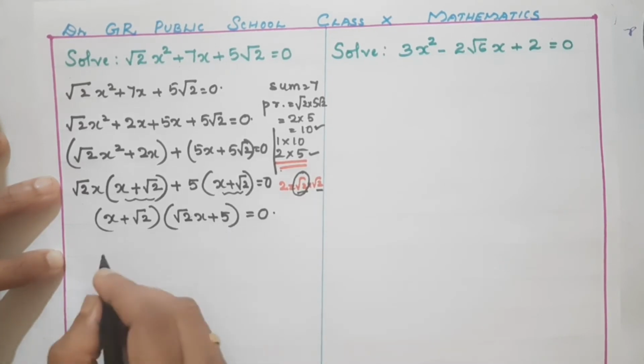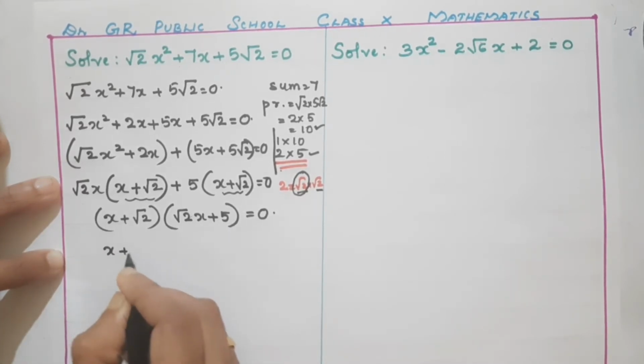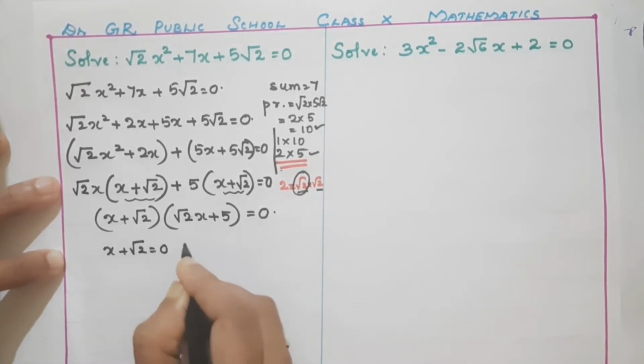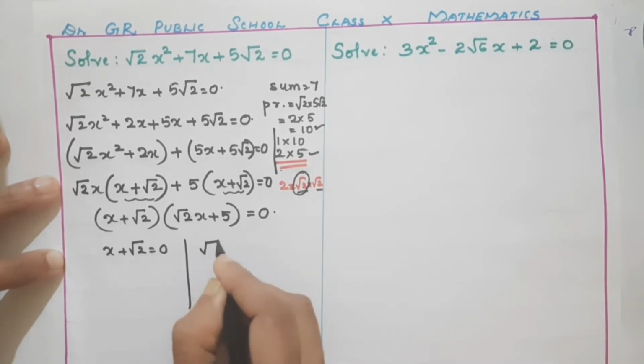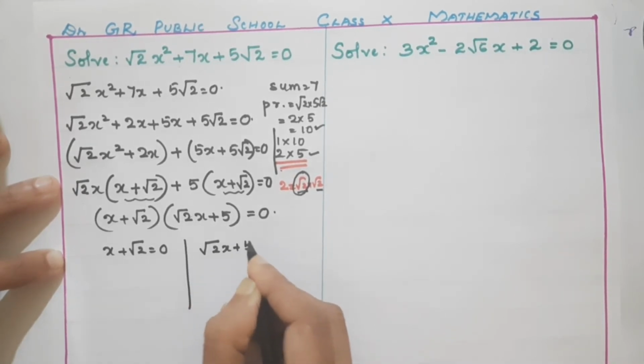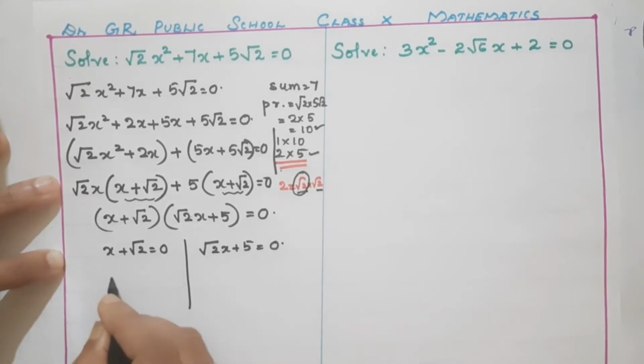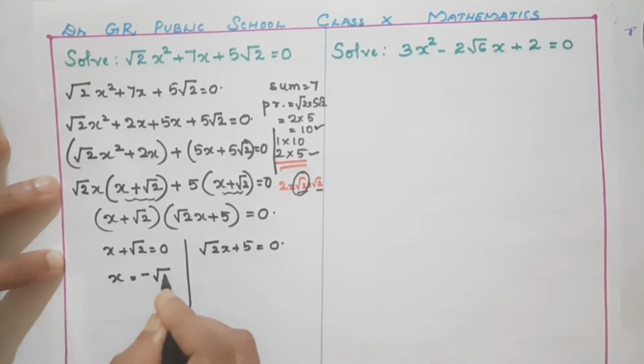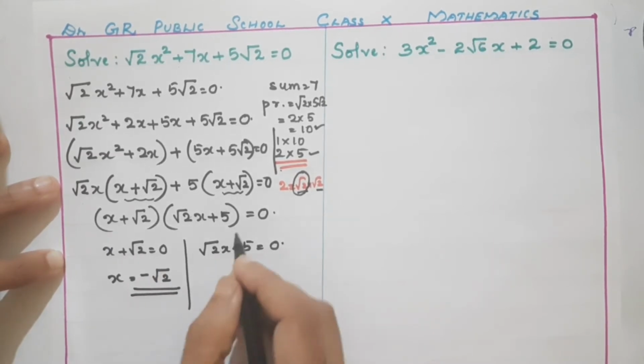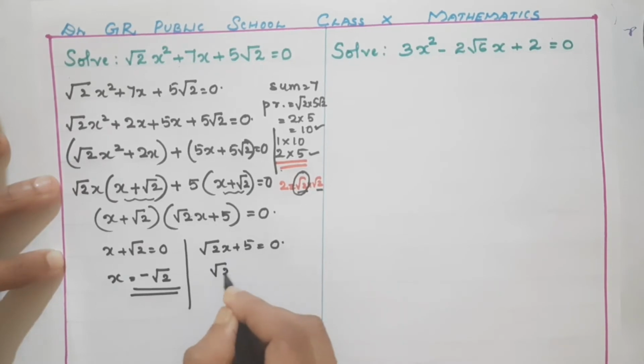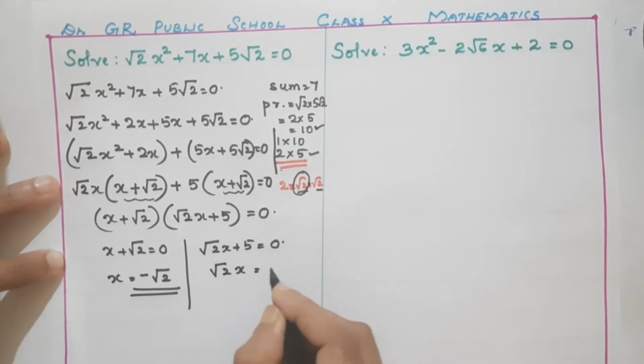Now same procedure we have to do. x plus root 2 equal to 0 or root 2x plus 5 equal to 0. So here what is the answer? x is equal to 0 minus root 2. It is minus root 2. Here root 2x is equal to 0 minus 5.